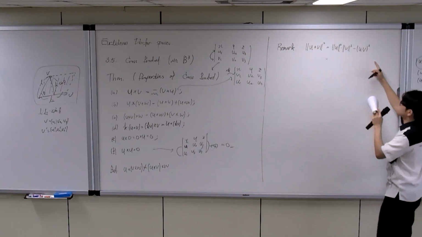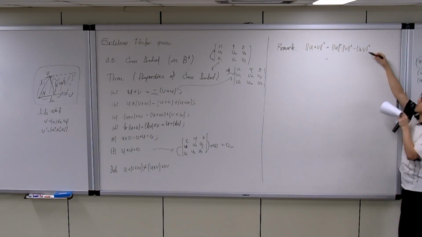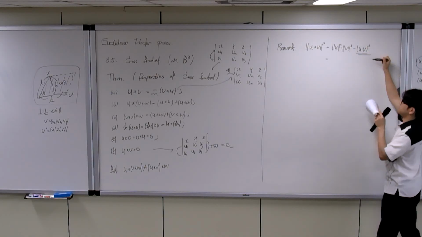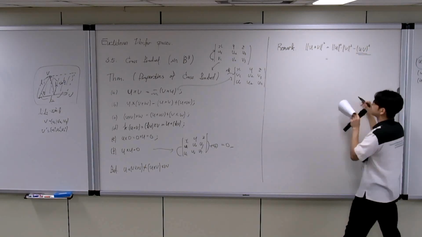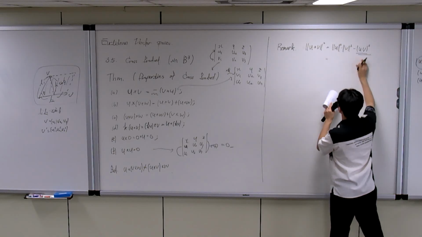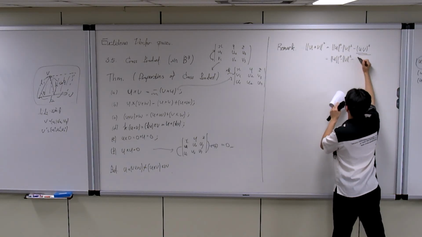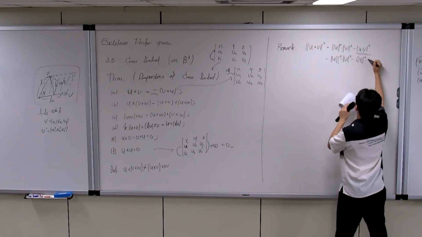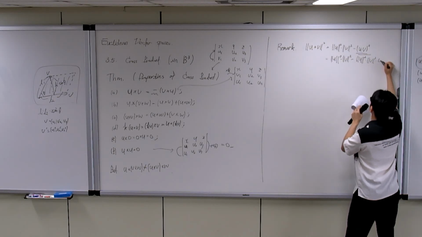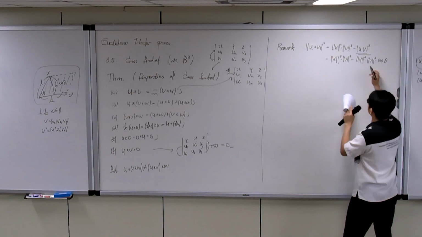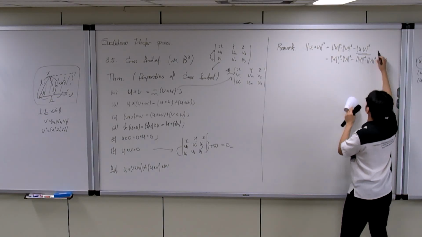In this sense, we can calculate the norm of U cross V squared using U dot V: norm of U squared times norm of V squared times cosine squared theta, because it is squared.